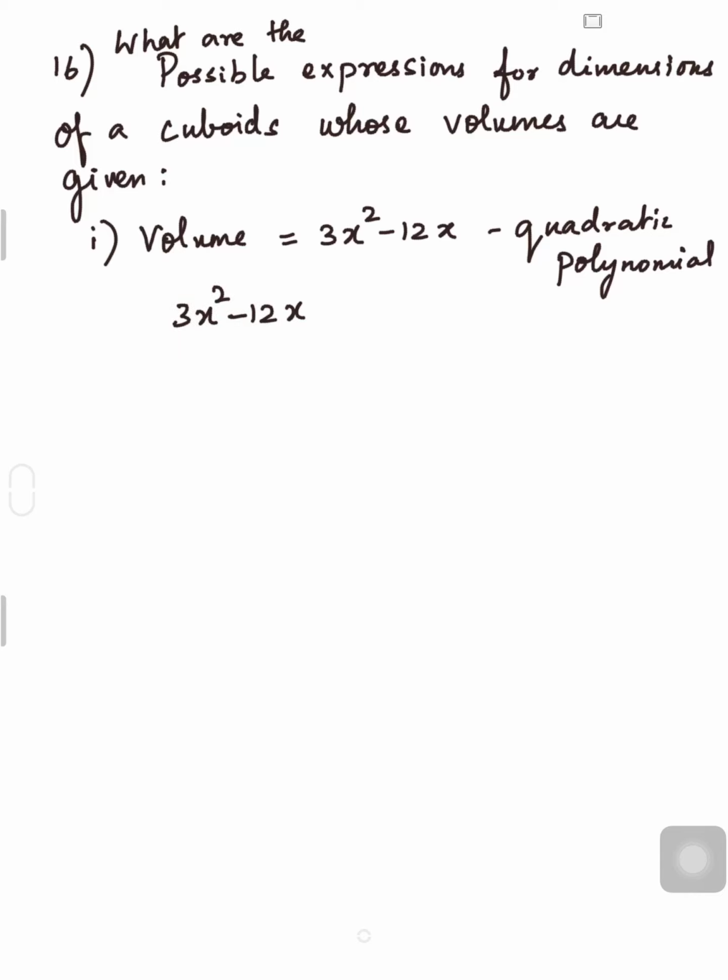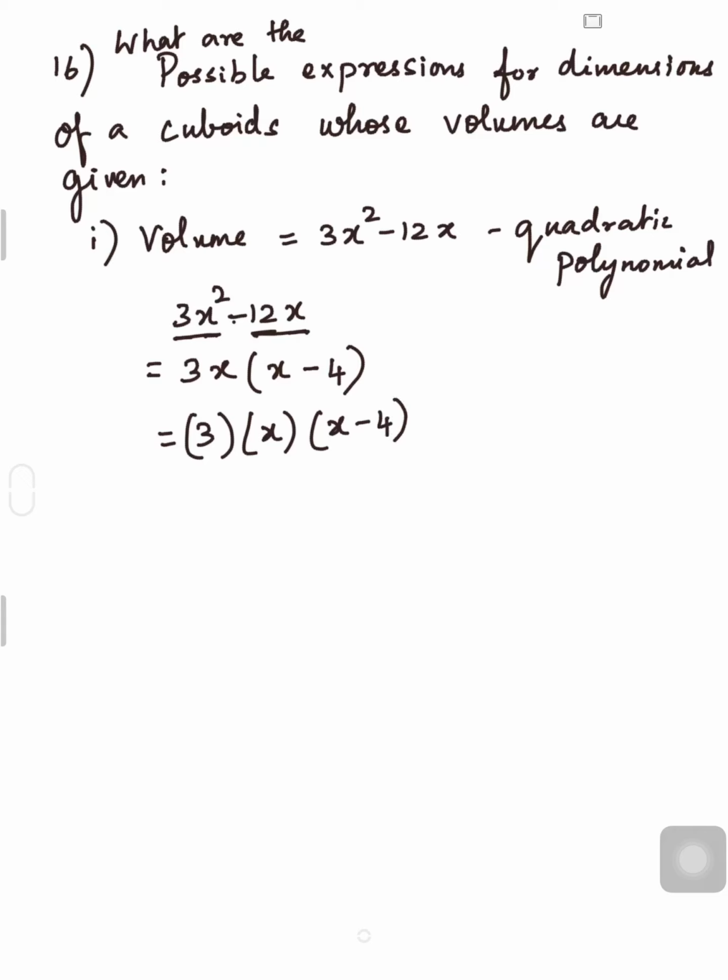For the constants 3 and 12, 3 is common. For the variable, x squared and x, x can be taken common. So I have taken 3x common. If I take 3x, what will be left out here? x, and minus, 3 how many times is 12? 4. Already x has been taken outside. So it can be written as 3x into x minus 4.